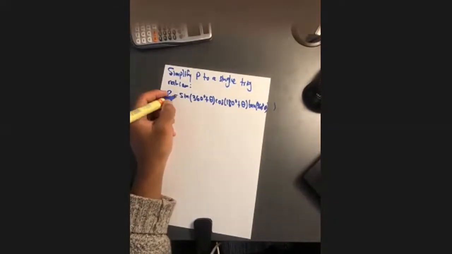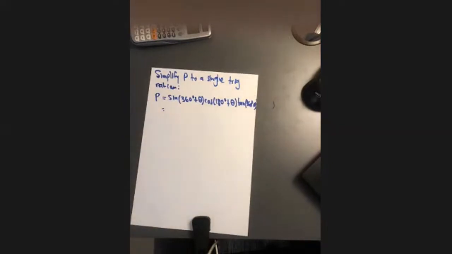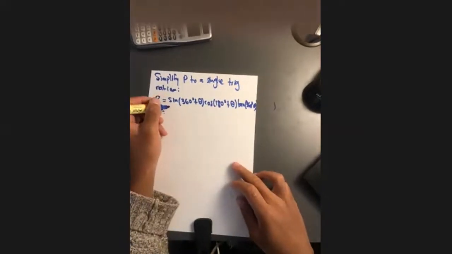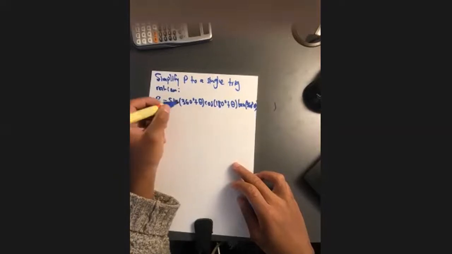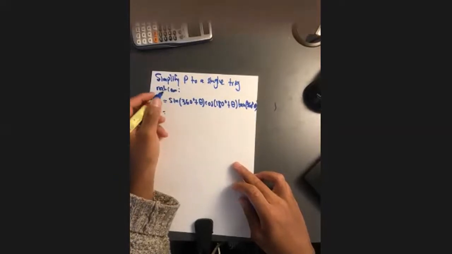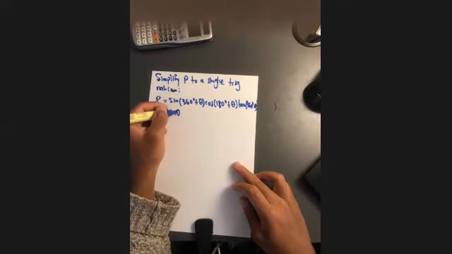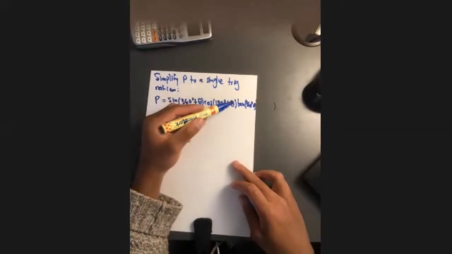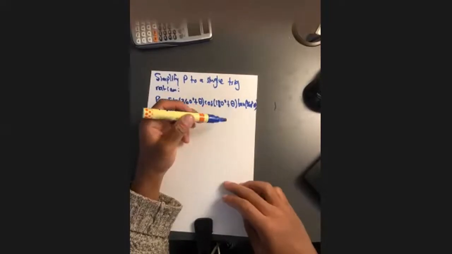We do know that the sine of 360 plus theta, given that theta is always an acute angle in this context, falls in the first quadrant because 360 degrees is a revolution. And in the first quadrant, all the trigonometric ratios are positive. So you're going to have sine of theta. And then the cosine of 180 plus theta falls in the third quadrant.